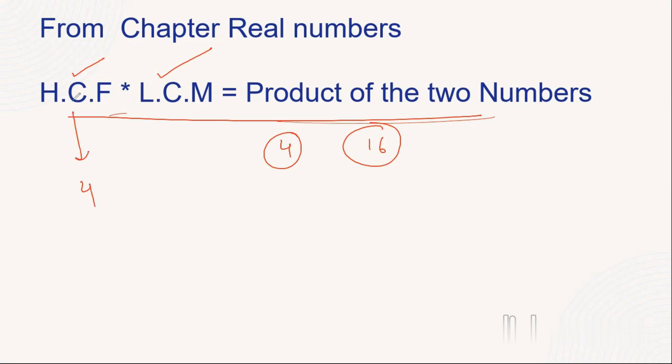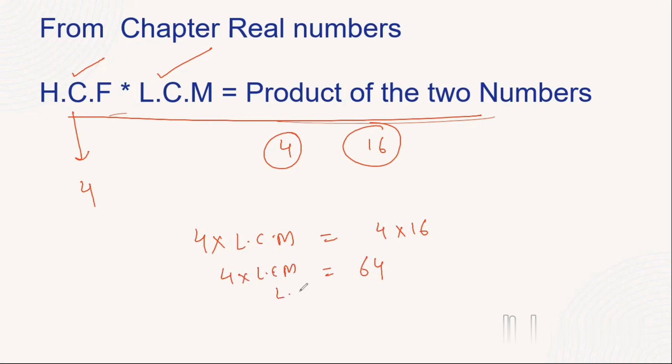You know that when you multiply HCF and LCM, it will be 4 multiplied by the LCM. You don't know the LCM because you have to find it, so write LCM like this. And the product of the 2 numbers means you multiply them. Product means multiplication. So 16 multiplied by 4 is 64, and 4 times LCM.